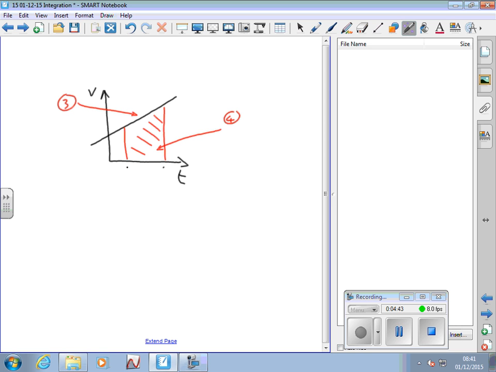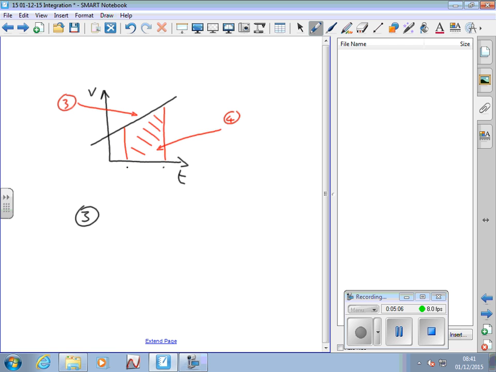And if I found the gradient for a velocity time graph, what would that gradient tell us? What word best describes that? Any ideas? What's happening to the velocity as time goes by? So what do you think the gradient's telling us?